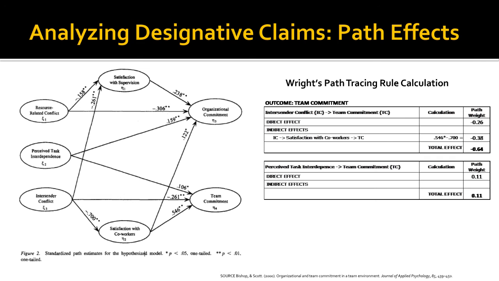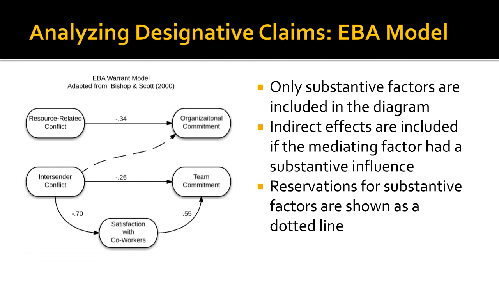With total effects on all outcomes calculated, we are now ready to simplify the model in preparation for examining evidence that may support a revised claim or provide further reservations. In an EBA model, we eliminate all the factors that only had insubstantial effects. We also only show estimated effect sizes for substantive effects.